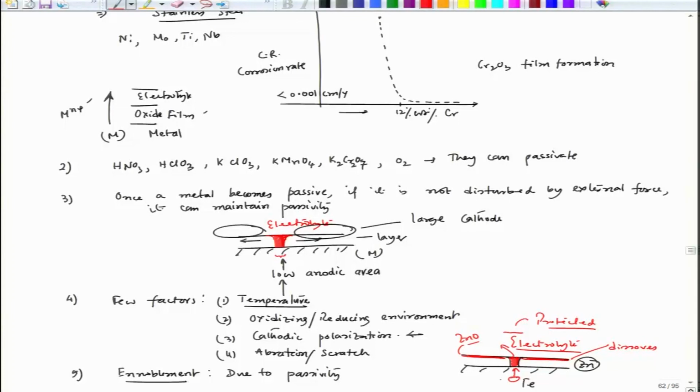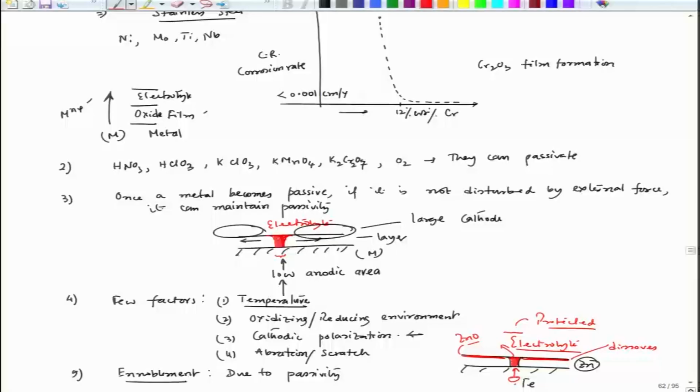Initially zinc was the anode, that means it was the negative terminal in galvanic coupling, but once it forms zinc oxide it becomes positive. So, it becomes cathodic, the positive terminal, to the small opening in that coating. In that case this segment will dissolve rapidly, and zinc oxide will remain as a cathodic layer.